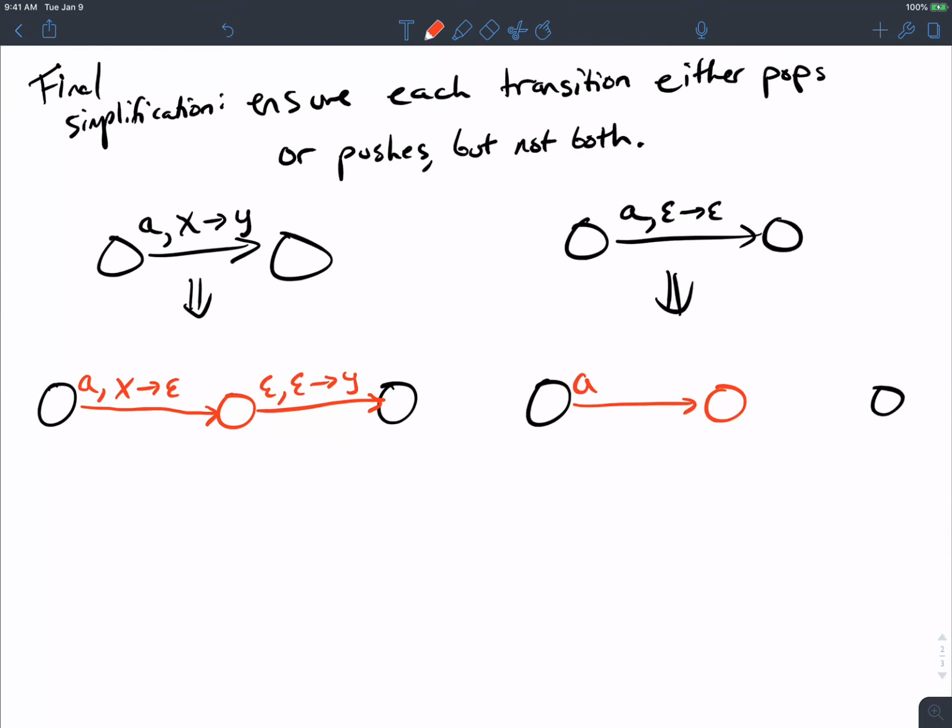Then let's read on the first one again. Don't pop, and then let's just push some symbol X. It doesn't matter what it is, because we're just going to pop it off anyway. And then we're going to pop the X, the same symbol back off, and then don't push. Well, that's actually pretty easy.